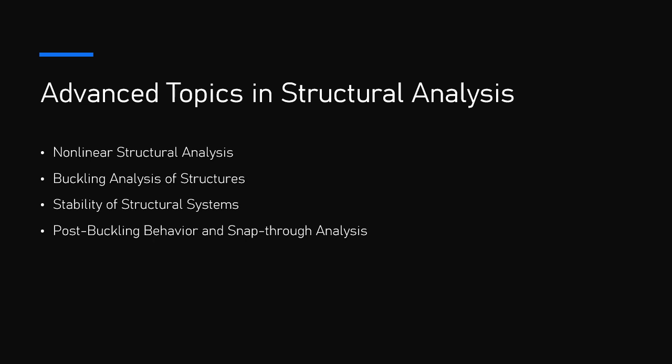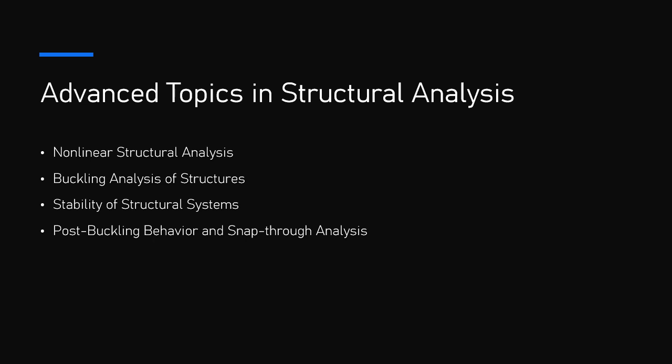Elastic buckling. As discussed previously, buckling occurs when a slender structural element, such as a column, experiences a sudden lateral displacement under compressive axial loads. The critical buckling load represents the point where the structure becomes unstable.